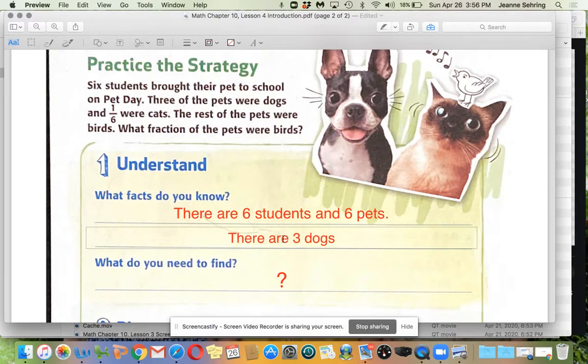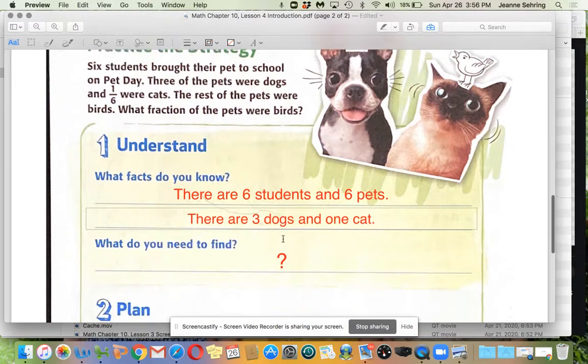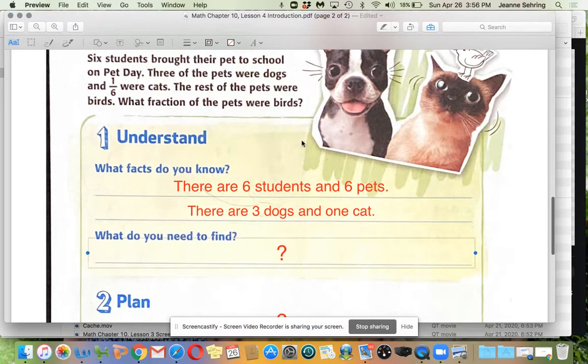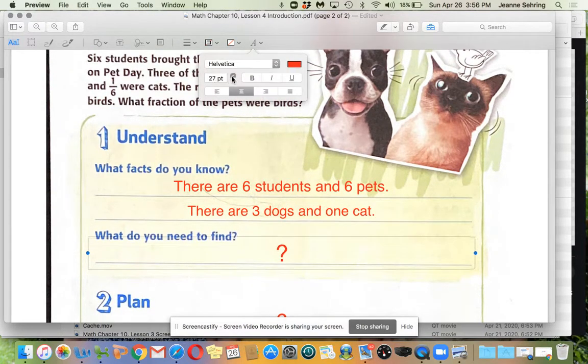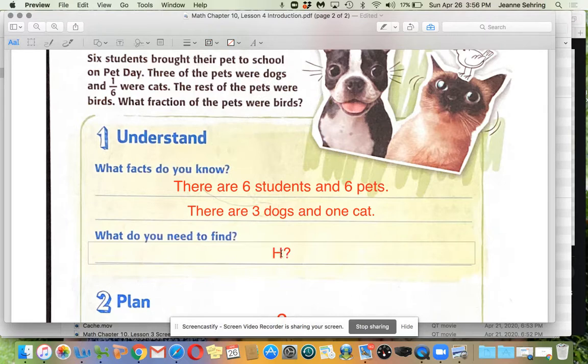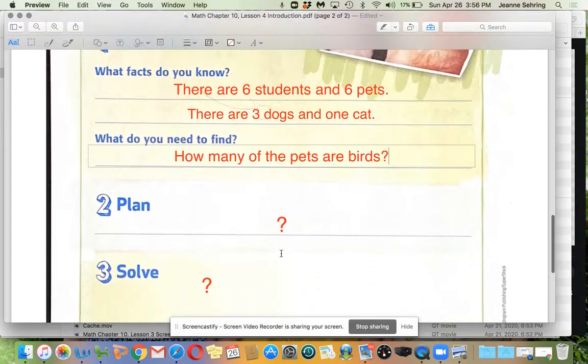And how many cats? 1 out of 6 cats, 1 cat. So what do we need to find? We are trying to find how many of the pets are birds? How many of the pets are birds?